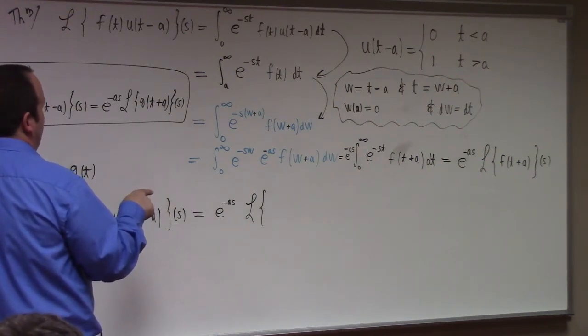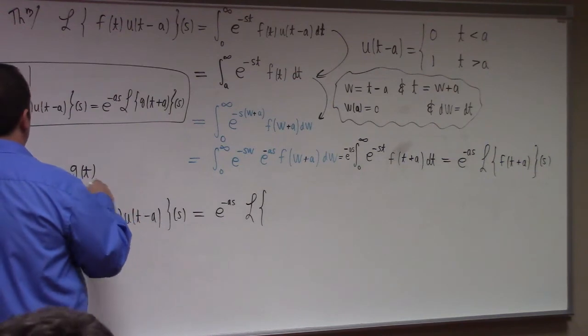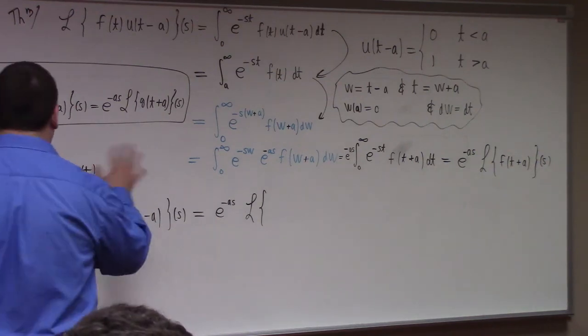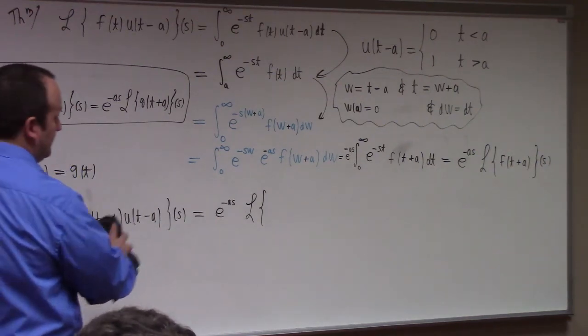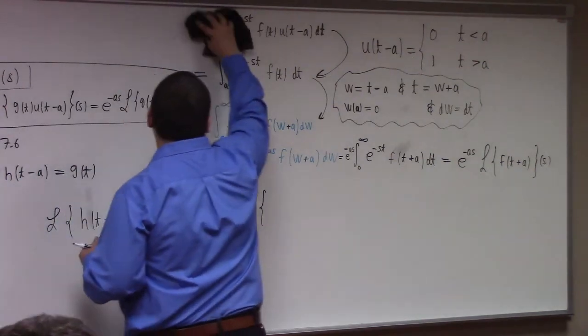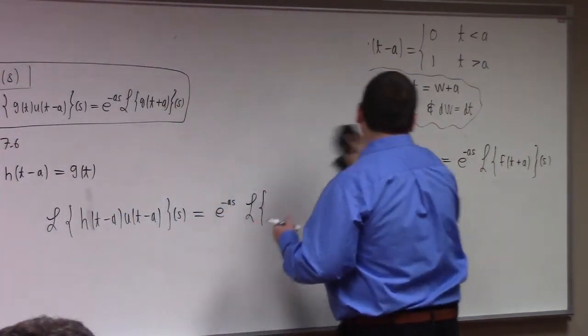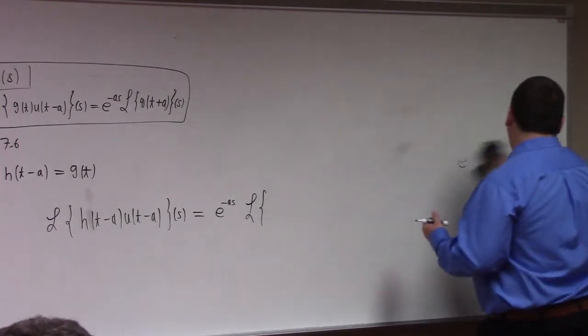I need to make up my mind. Am I going to use the theorem I just proved, or am I going to use the boxed equation? I'm going to use the boxed equation, okay? So let me erase the theorem so we're not tempted to look at it. There we go.